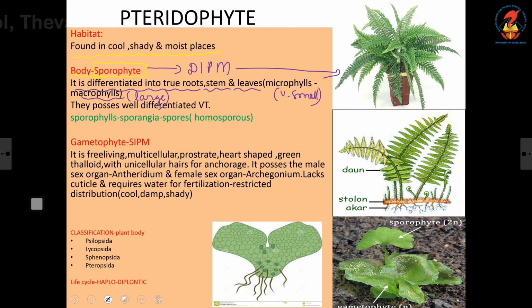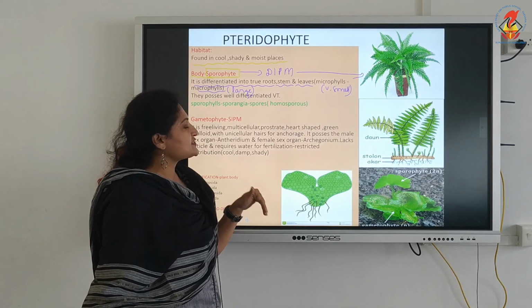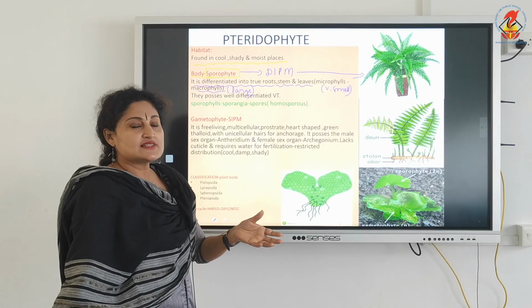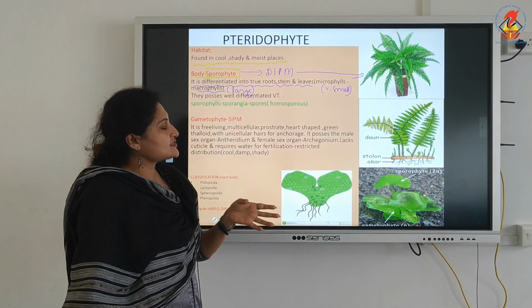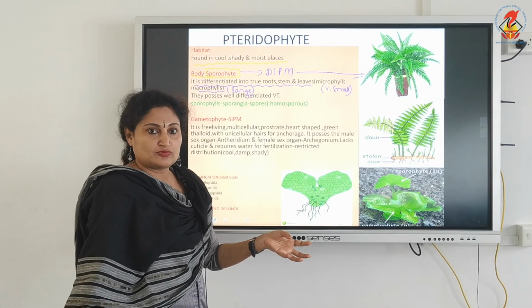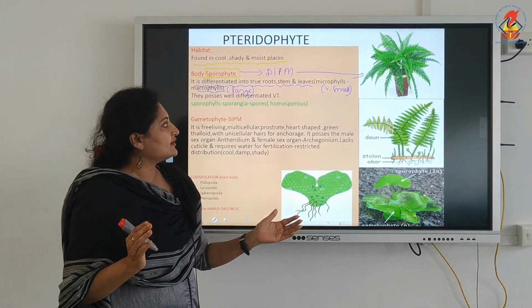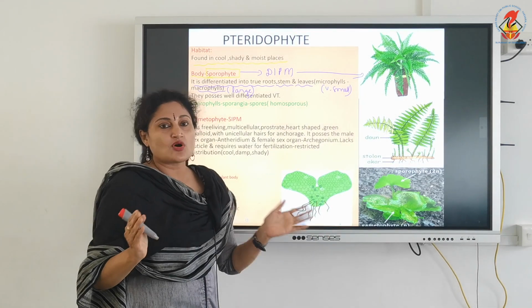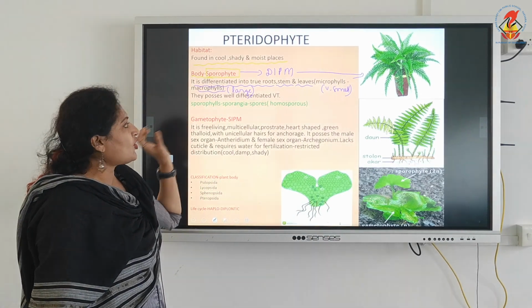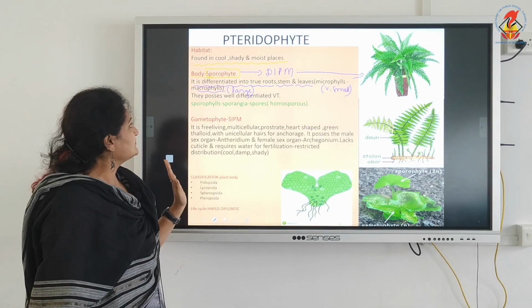It does not mean both microphylls and macrophylls are found in the same plant. There are pteridophytes which have very minute leaves to plants that have very large leaves. So the range is there. They may have microphylls or macrophylls.